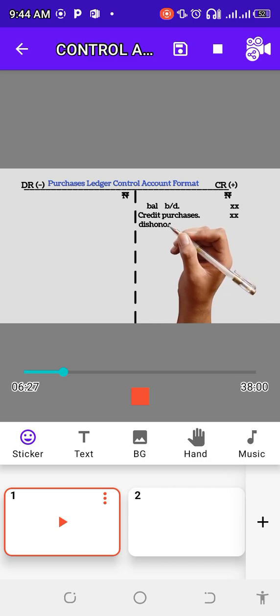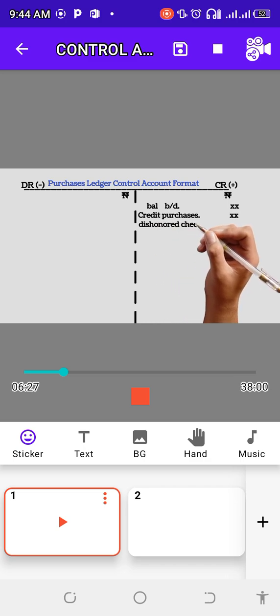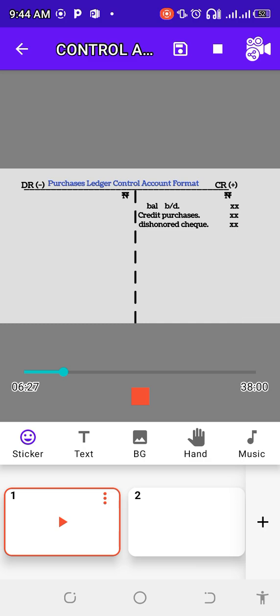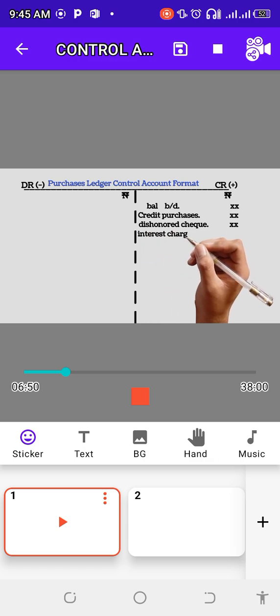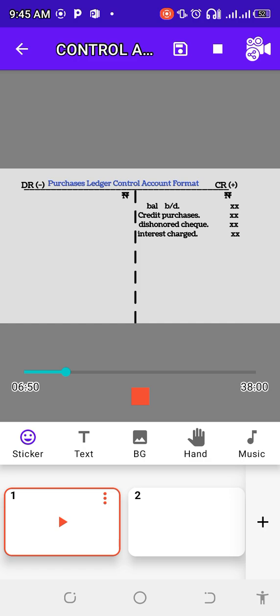Then if there are dishonored cheques that have been previously issued, they will also increase this account. Interest charged on overdue accounts can also increase this account. That is, everything that will increase the account is recorded by the credit side.